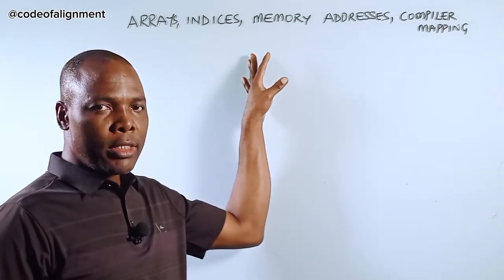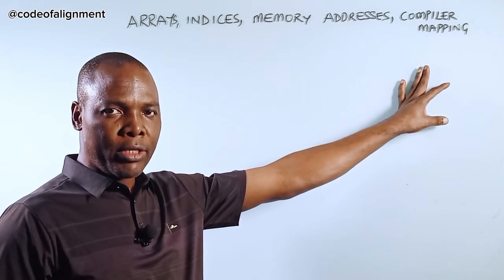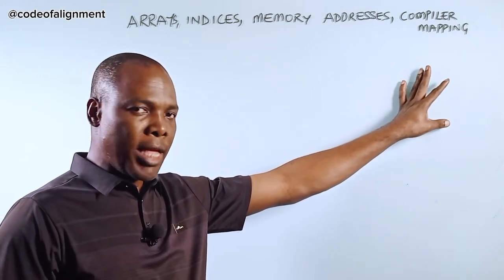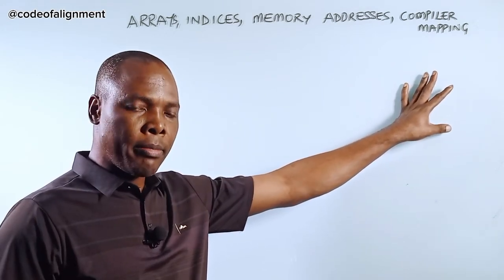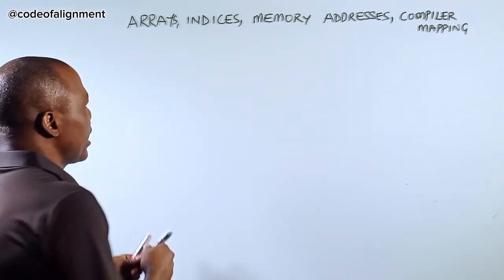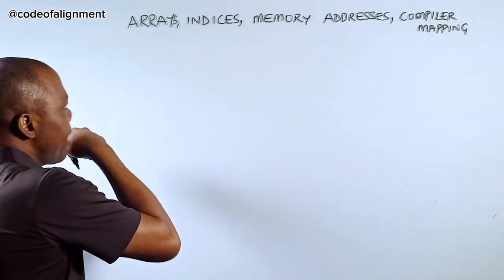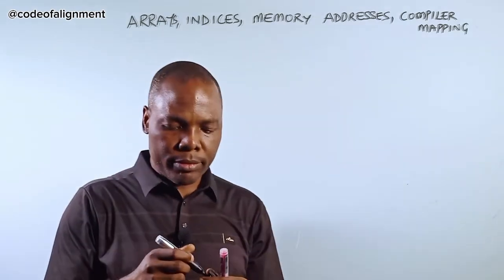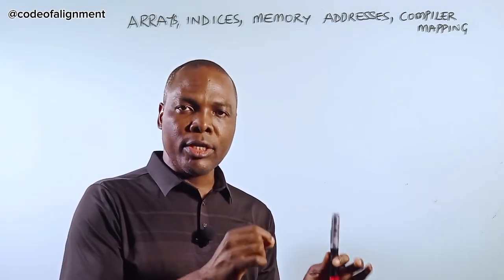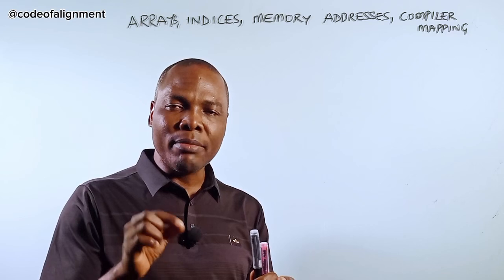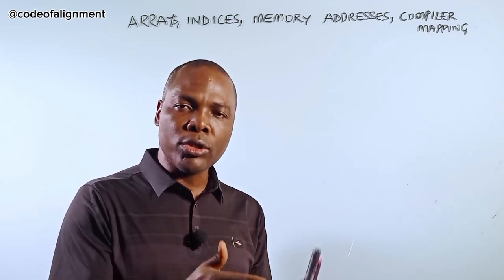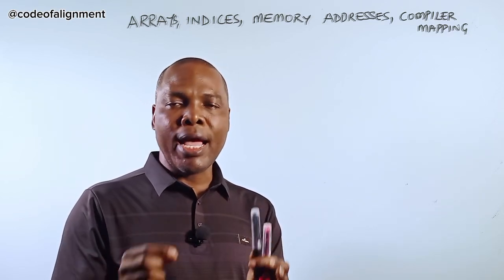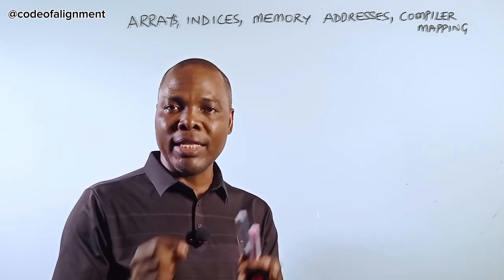So to illustrate this concept, everything that I've written on this board, I'm going to use a classroom system and a teacher. So first, what is an array? An array is a collection of elements of the same data type stored in a contiguous memory location and can be accessed using what? An index.